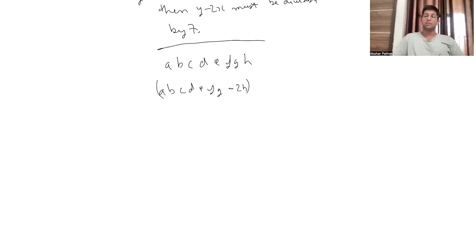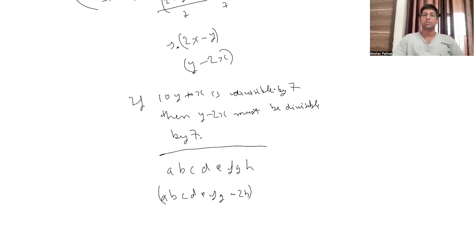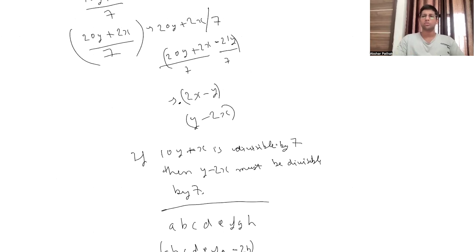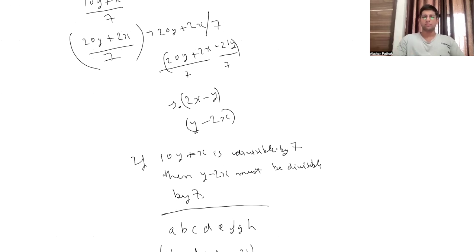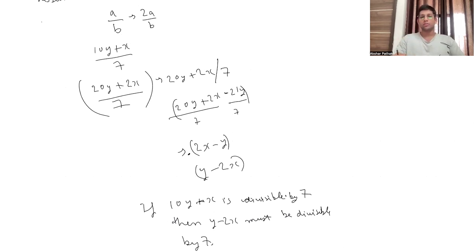I didn't tell you why, if it's 0, it's also divisible by 7. Of course 0 is also a multiple of 7; if 2x minus y is divisible by 7, it can be 0. 0 is also a factor.